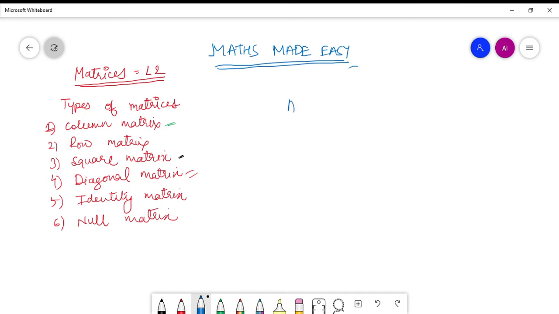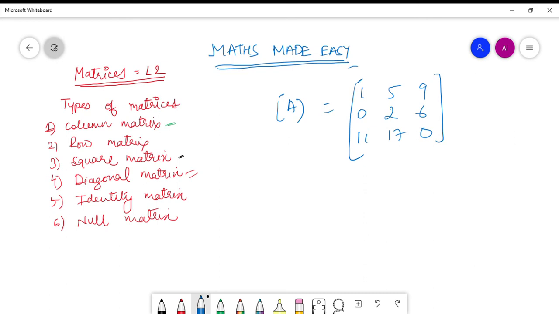Let's take an example of a square matrix: 1, 5, 9, 0, 2, 6, 11, 17, 0. This is a square matrix.